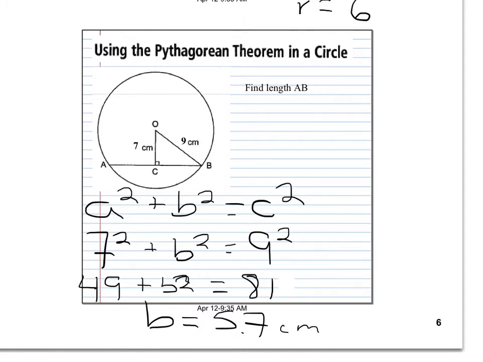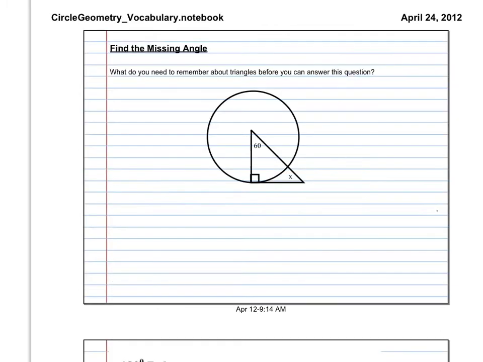And then the last step again was to find the length from A to B. So to do that, we take 5.7 multiplied by 2, which gives you 11.4 centimeters. So both of these use Pythagoras. You're going to need to extend your thinking in this unit to see bits of information to get to your final answer.